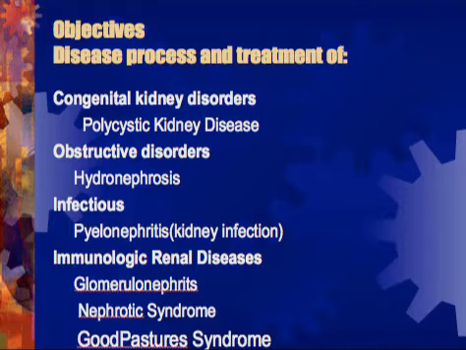The immunologic renal diseases, 3 that we're going to talk about, are glomerulonephritis, nephrotic syndrome, and Goodpasture's. So you're seeing things that affect the kidneys, generally at the glomerular level, and we know the glomerulus helps to filter our urine. So we'll talk about these 3 together.